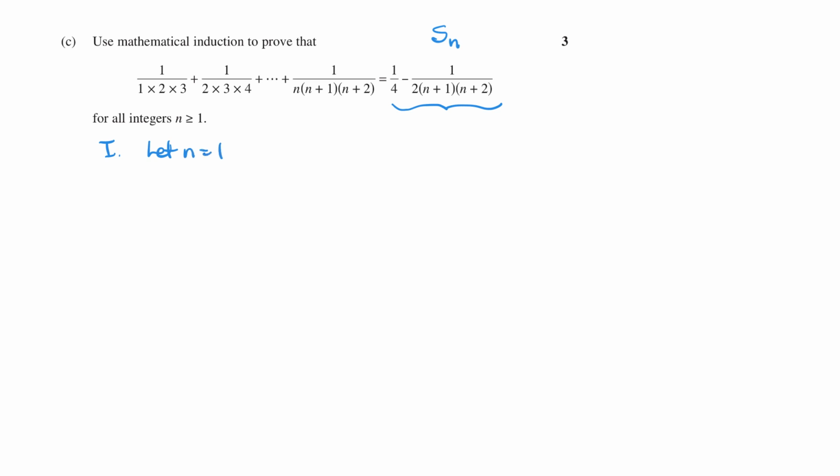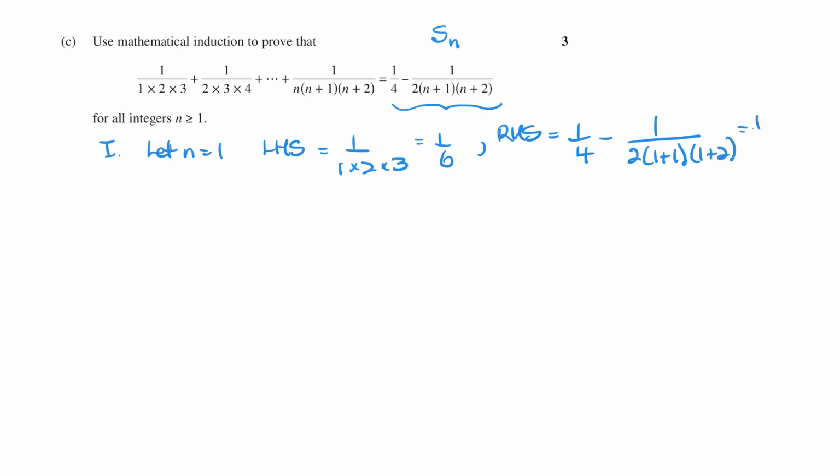In that case, the left-hand side of our summation is just the first term. It's 1 on 1 times 2 times 3, which is 1/6. And the right-hand side is our expression for the summation, which is 1/4 minus 1 on 2 times 1 plus 1 and 1 plus 2, which is then 1/4 minus, and our fraction here is 2 times 2 times 3, which is 1/12.